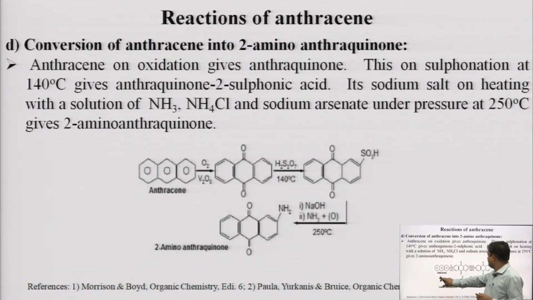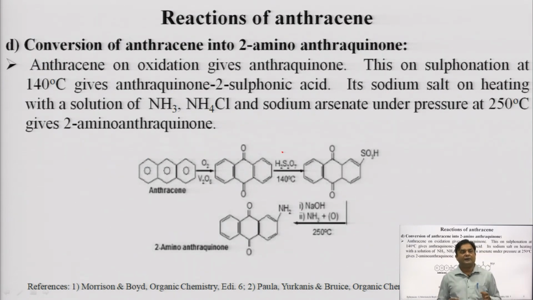First of all, anthracene in the presence of oxygen and V2O5 gives 9,10-anthraquinone, which on sulfonation at high temperature gives the 2-substituted product, 2-sulfo substituted anthraquinone. Again, when it is reacted with ammonia in the presence of NaOH, sodium hydroxide, we are getting 2-amino-anthraquinone.